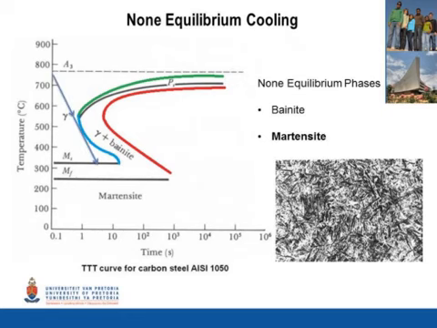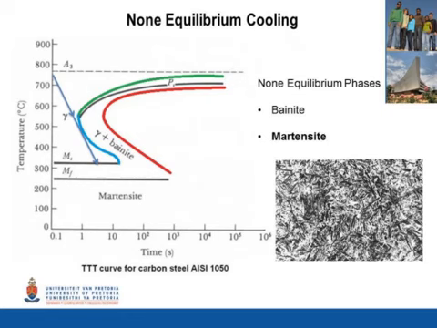Martensite is a very hard, brittle phase that forms in carbon steels if very high cooling rates are applied to the material. This occurs because at very high cooling rates, carbon does not have time to diffuse to more favorable positions in the microstructure. Therefore, the formation of martensite is a diffusionless process.